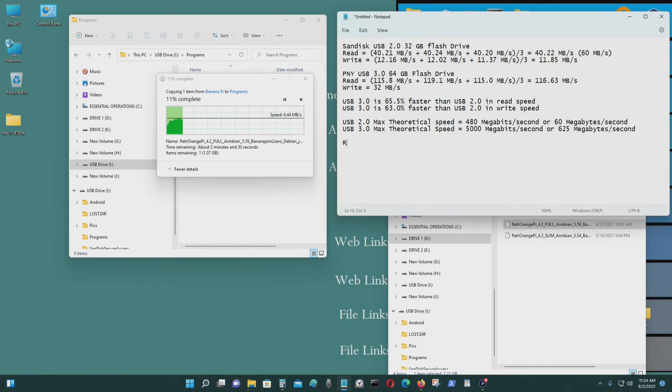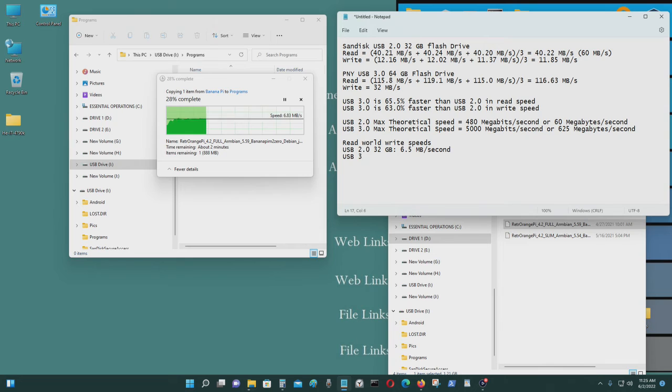We're talking about real write speeds. USB 2.0, 2 gigabytes. Getting about 6 to 7 megabytes per second. We'll put 6.5 megabytes per second.